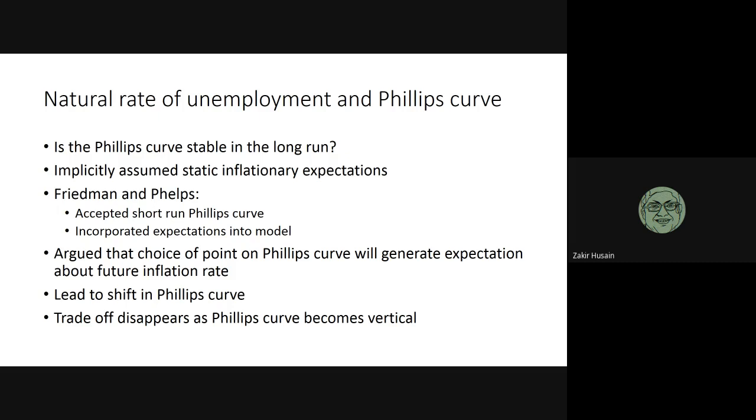You can move up and down the Phillips curve. But if you incorporate expectations into the model, then you will have shifts in the Phillips curves in the long run. So over time, the Phillips curve will shift and the trade-off between these two variables will disappear as the Phillips curve will become vertical in the long run.